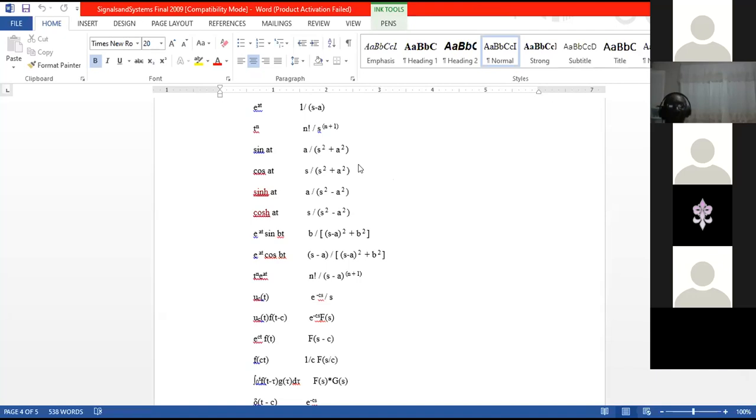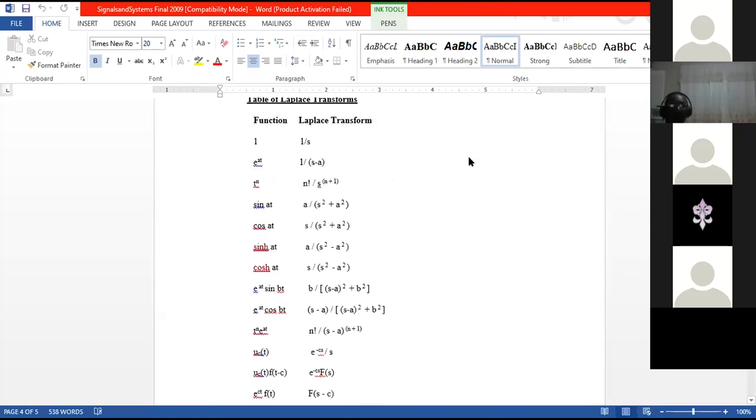All right, so see the ones that we're going to use here. Forget this: u(t) equals 1 over s. You forget that u(t) is also equal to 1. So we're going to use that one. We're going to use b over s minus a squared plus b squared is equal to e to the at sine bt.